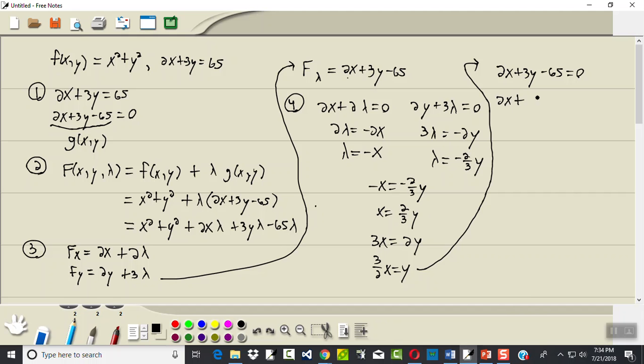So you've got 2x plus 3 times 3/2 x minus 65 equal to 0. 3 times 3 is 9, so we've got 2x plus 9/2 x minus 65 equal to 0. Multiply everything by 2, and you get 4x plus 9x minus 130 equals 0. That gives us 13x. Take negative 130 over, it becomes a positive 130, and we get x equal to 10.